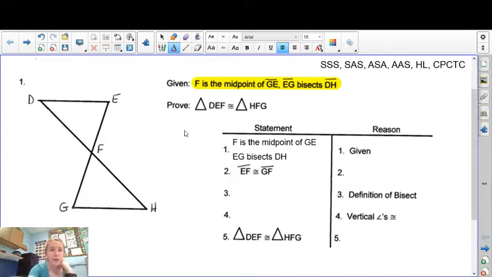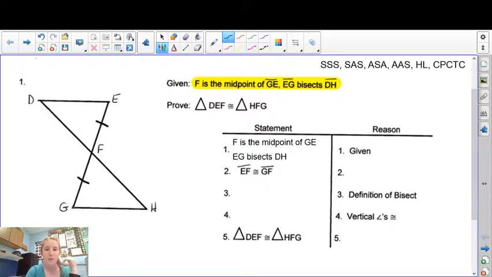Well, I see that EF, which is here, is congruent to GF, which is there. So what told me in my given statement that I got to make those marks? Well, I see F is the midpoint, and F's kind of involved in that, so it might be that first one. Or I see EG bisects DH. Well, I see the word bisect down below in number 3, so it can't be that one.